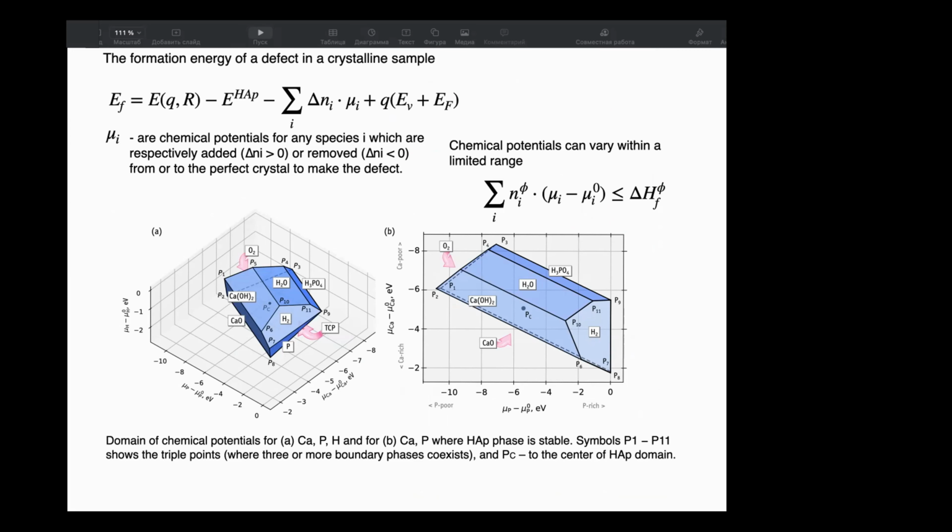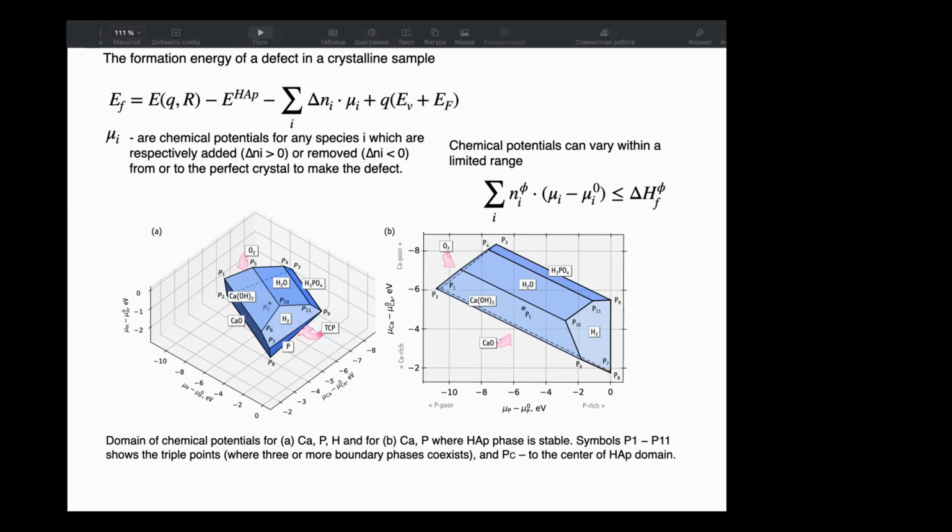Here, mu i are the chemical potentials for any species which are added or removed from the perfect crystal to make the defect. Those chemical potentials can vary in a limited range.